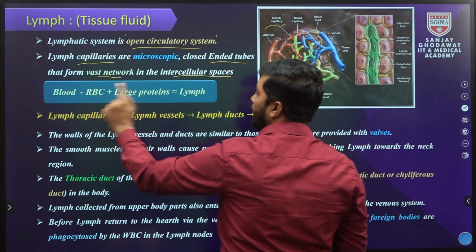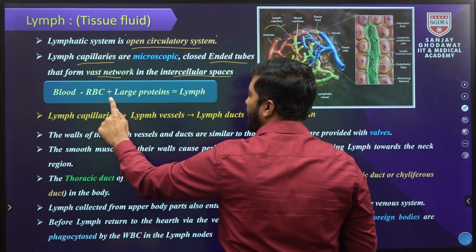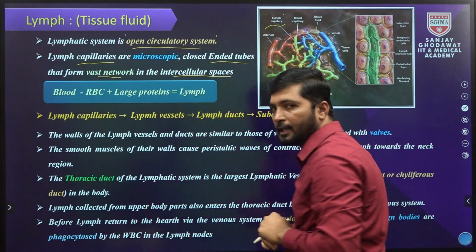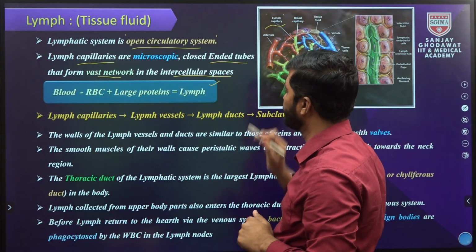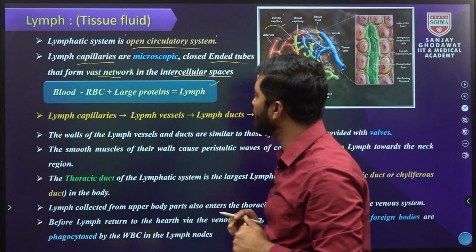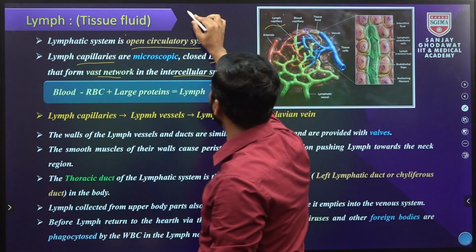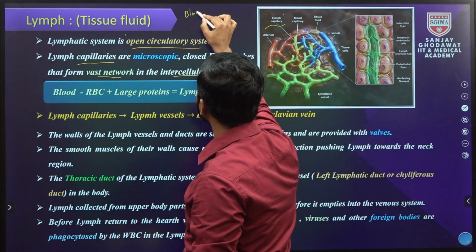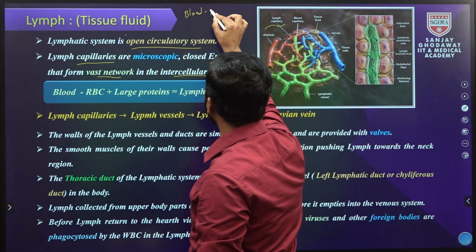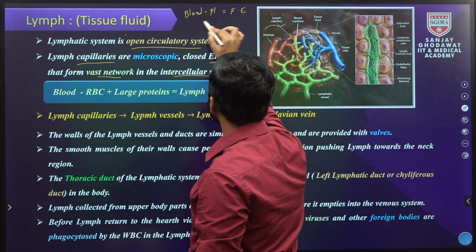If you take the lymph definition: blood minus RBC plus large proteins is equal to lymph. This is the formula of the lymph. Blood minus plasma is equal to formed elements.